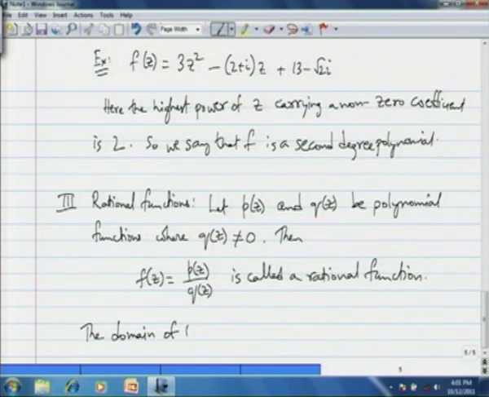So, the domain of f is the set of z in the complex plane such that q of z is not equal to 0. Okay. Because at those points where q is 0, the denominator assumes the value 0, and at such points f is not defined the way it has been presented. Okay. So, that is a rational function.